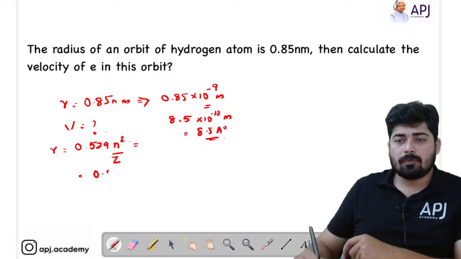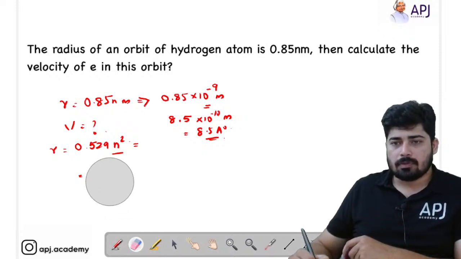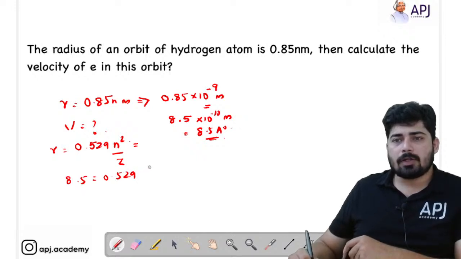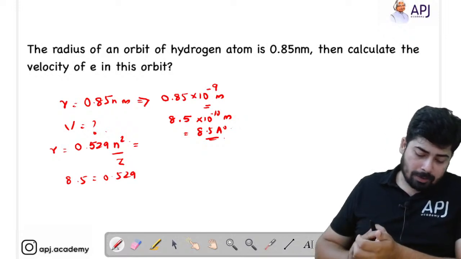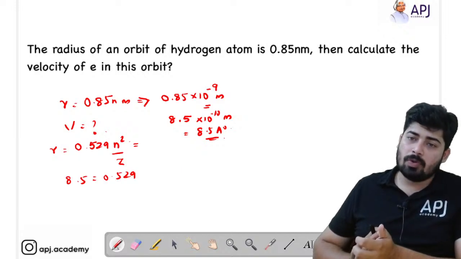So 0.529 into n square by z. What was given? Radius was given, right? So radius is given as 8.5 Armstrong, that is equal to 0.529 n square by z. For the hydrogen atom we only know the z value.